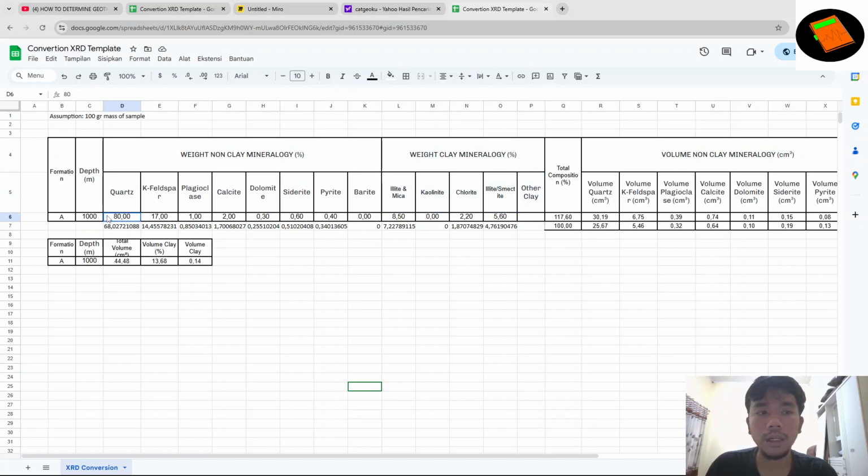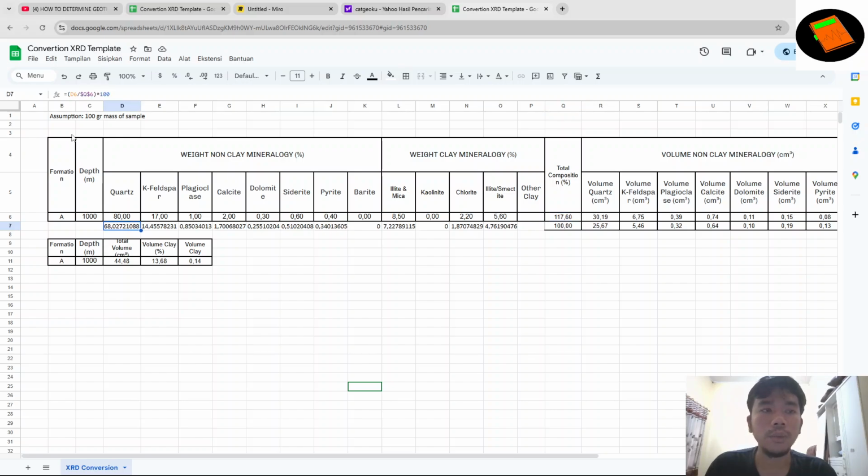First of all, we must make sure our total composition is 100%. But in this case, we have 117.6%. What must we do first? We normalize it so that the summation is 100%.